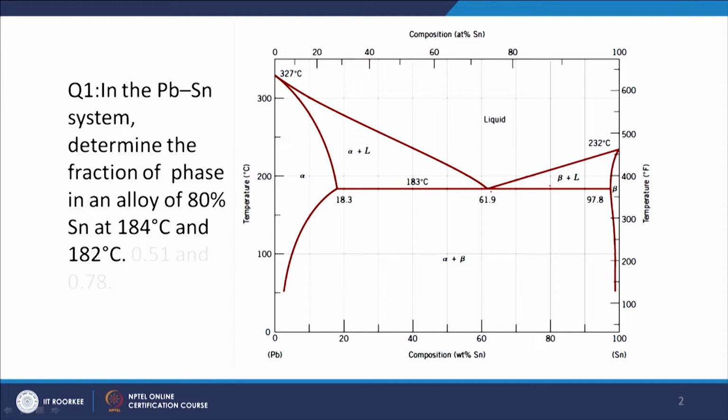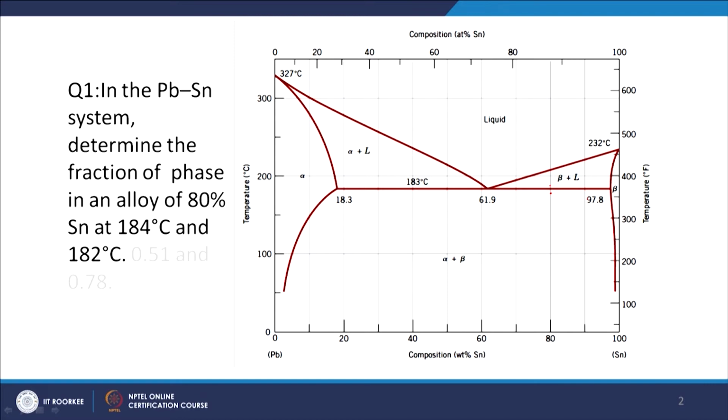Now, if you go to the temperature just below 183 degrees centigrade, if you draw the tie line, it will touch one is the beta point, and another is the alpha point. The amount of the beta phase formed will be, according to the lever rule, this ratio divided by the whole ratio.